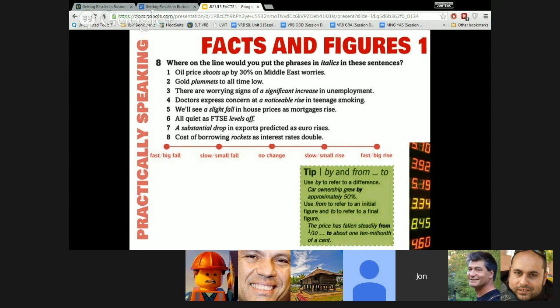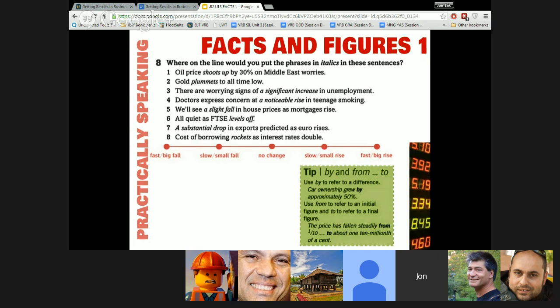We've got several choices there. What do you think it means? It means substantial drop. It is important drop. So it is big fall. Big what? Fall, big fall.